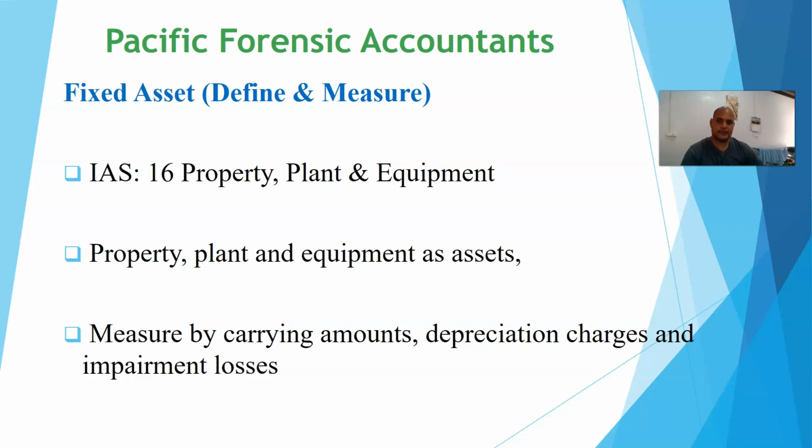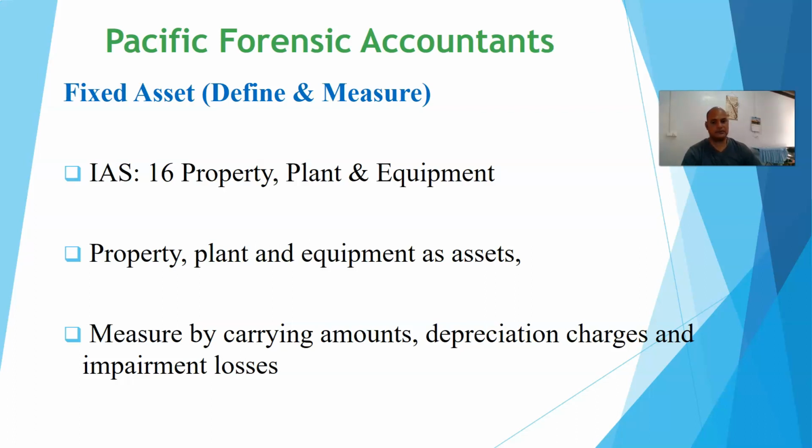Here, the standard defines that property, plant, and equipment, all these three items, are assets. That's the first definition. Second, these assets have to be allocated with carrying amounts.